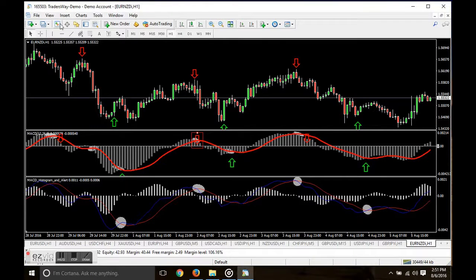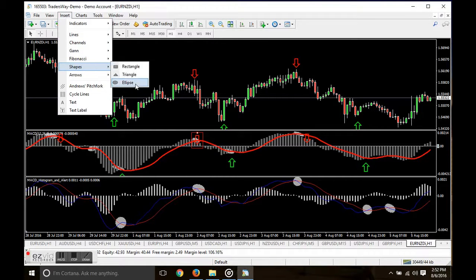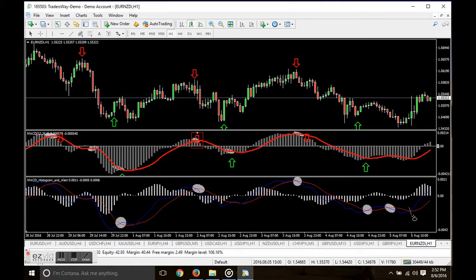Crossed up through there, histogram crossed over the zero line, crossed down, histogram crossed down over the zero line, and I'm going to do one more, crossed up and also did the histogram.